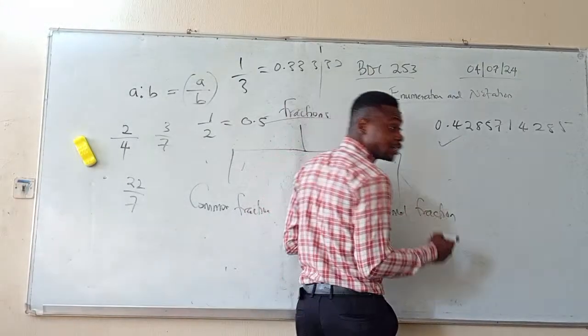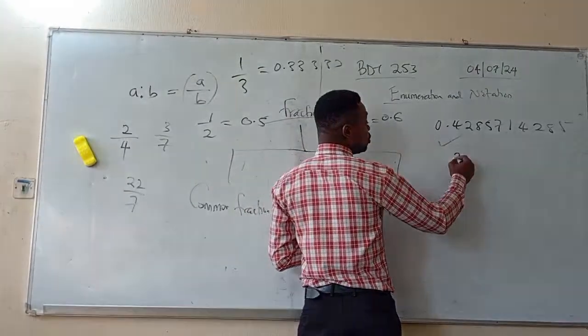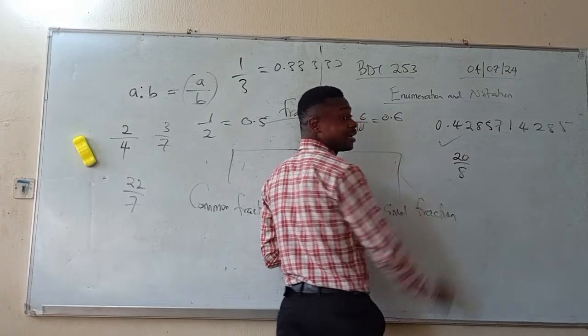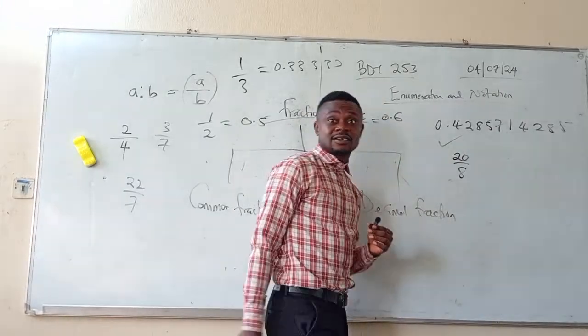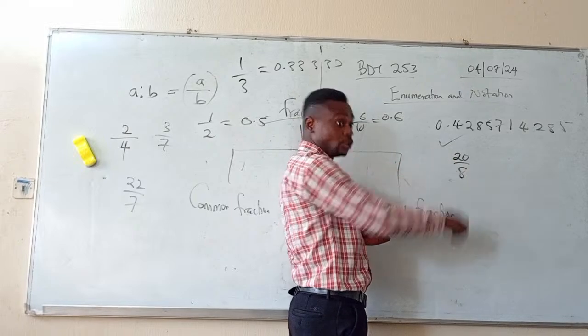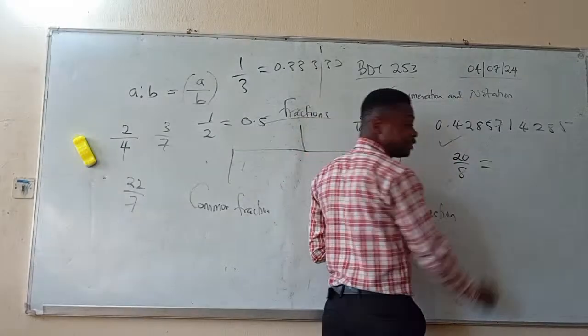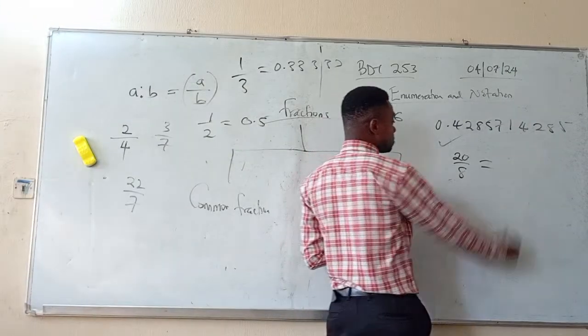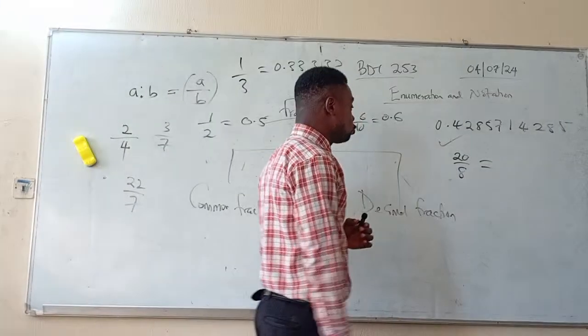Let's assume you are solving. I gave you a question, you solve and you got 20/8, and you stop here. So it's me that will complete it for you, right? No. Move it to mixed fraction. What will it be?